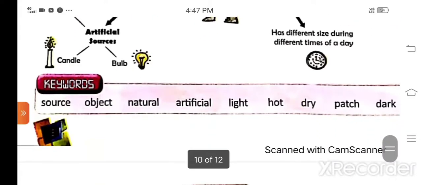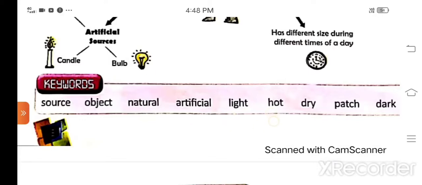Now listen to some hard words. SOURCE, source means जरिया. OBJECT, object means सामान. NATURAL, natural means प्राकृतिक. ARTIFICIAL, artificial means अननेचुरल, अप्राकृतिक. LIGHT, light means रोशनी.